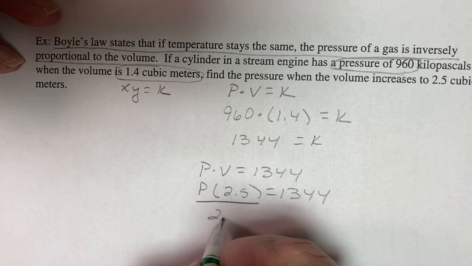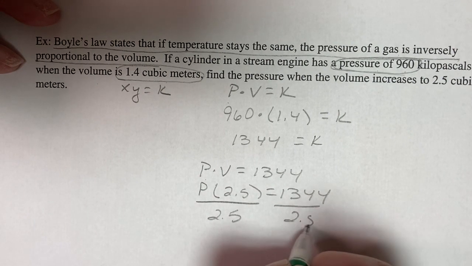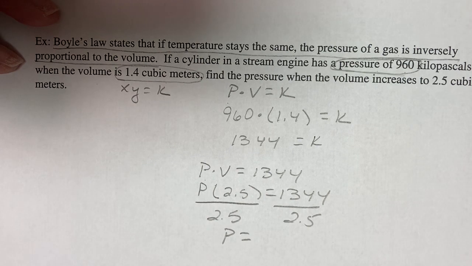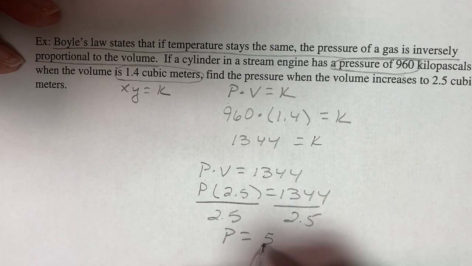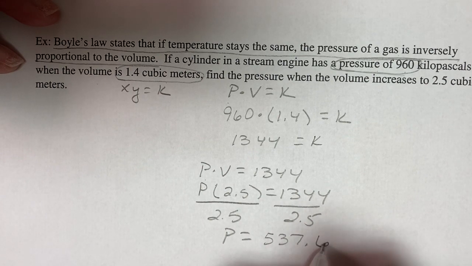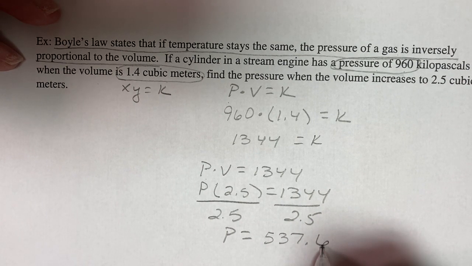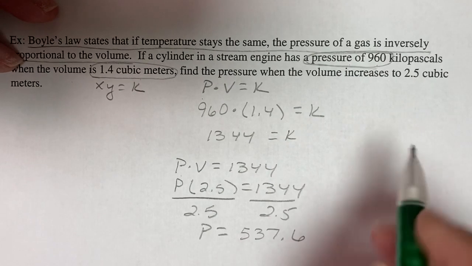If I divide both sides by 2.5, I should be able to get my pressure. And it's 1344 divided by 2.5, which is 537.6. Okay, now we have to label it. 537.6, what units is pressure in? Well, you can see that it's kilopascals.